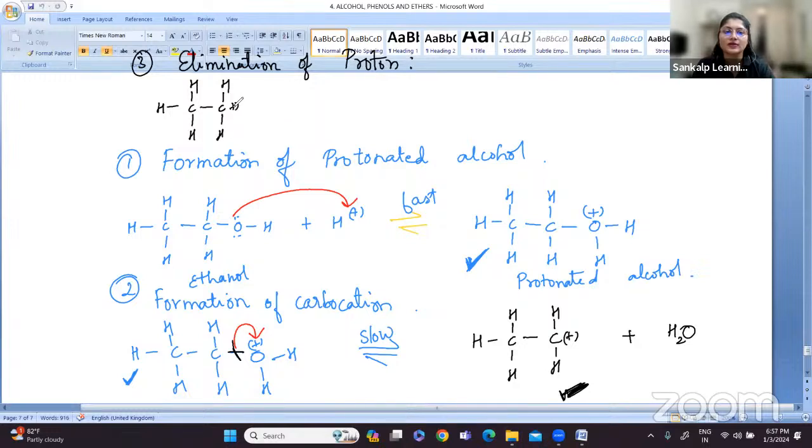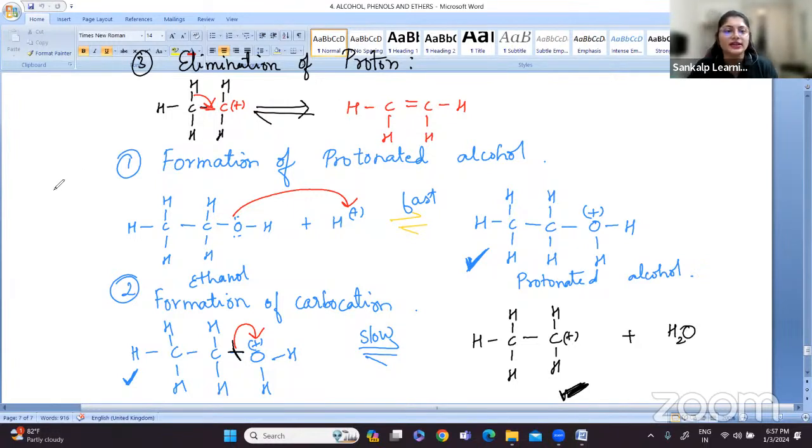What is happening here now? This is my positive charge. Now this bond will shift here, on this arrow, and you get a double bond like this.